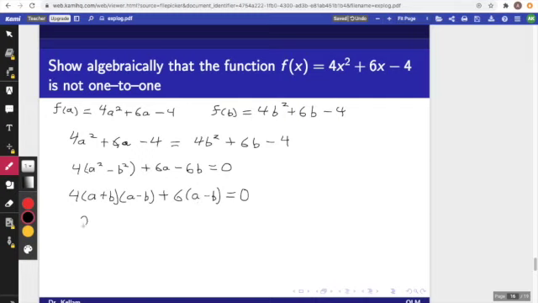So we're going to pull out a 2(a minus b). What does that leave us with? Well, that leaves us with 2(a plus b) plus 3. And this must equal 0.